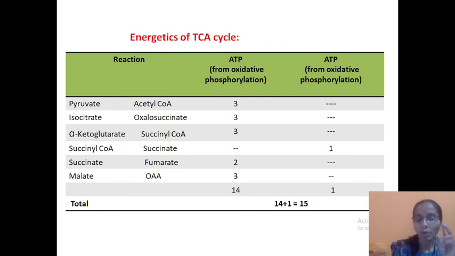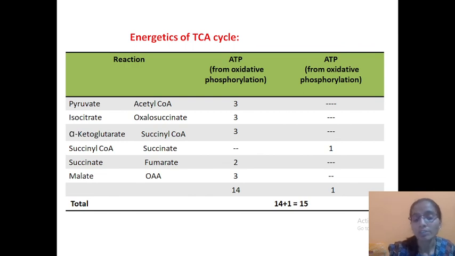But from glycolysis there are 2 pyruvate, so 15 into 2 we will get 30 ATP. So 8 ATP from glycolysis and 30 ATP from the TCA cycle. 30 plus 8 gives 38 ATP that we usually write whenever we write the equations for photosynthesis or the respiration mechanism.